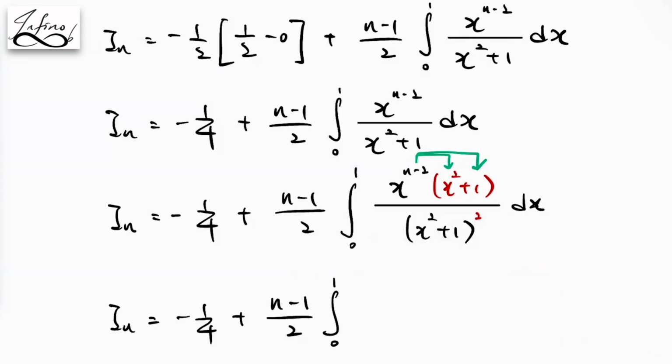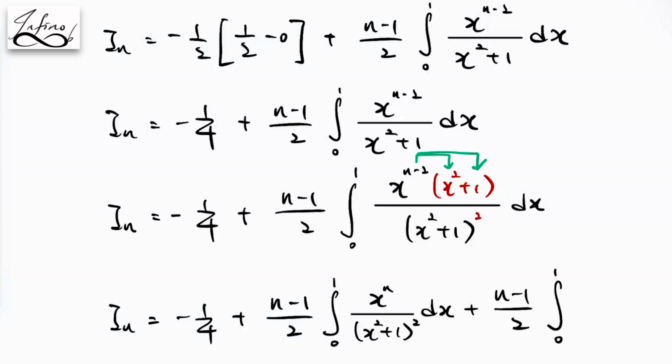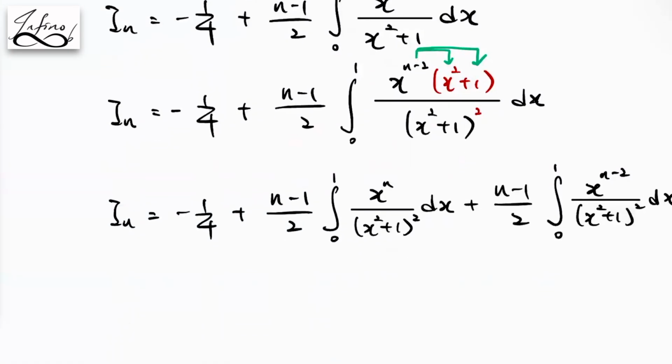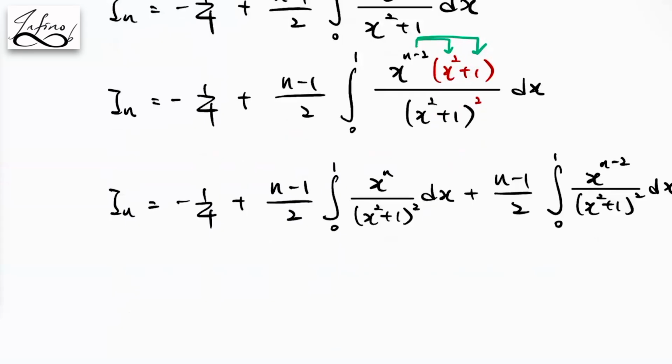And then this one is x^(n-2) times x^2 is just x^n over (x squared plus 1) square dx, and then plus, I'm missing the (n minus 1) here, over 2 integration from 0 to 1, and then x^(n-2) over (x squared plus 1) squared dx. So far so good, right?